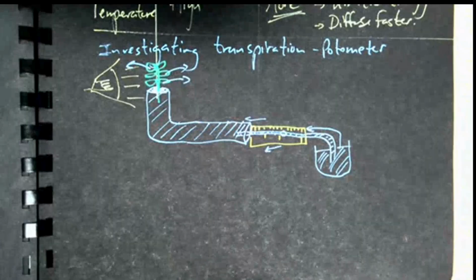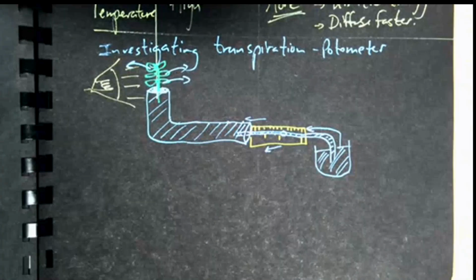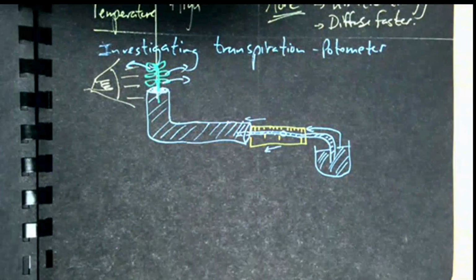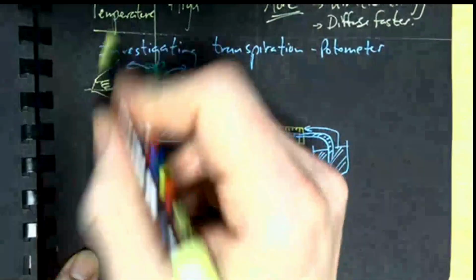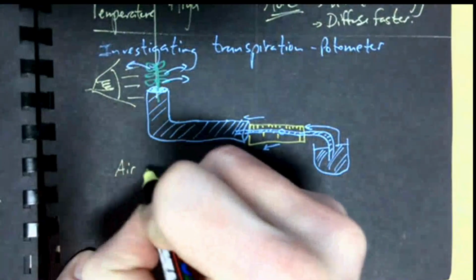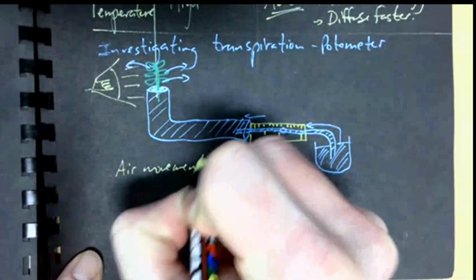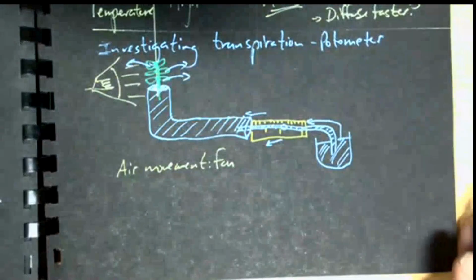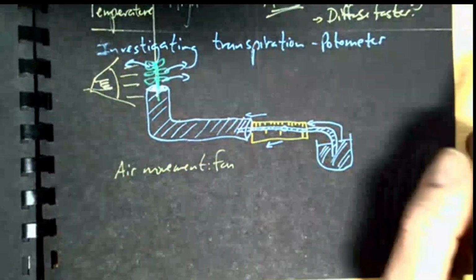And so we can test our four different variables, can't we? We could actually investigate each one of these. For airflow, for air movement, we could use a fan, and we could set the fan up blowing across the plant here and see the bubble move.